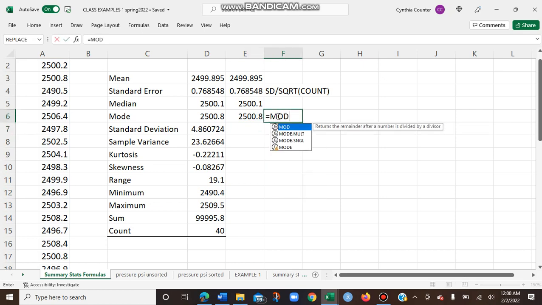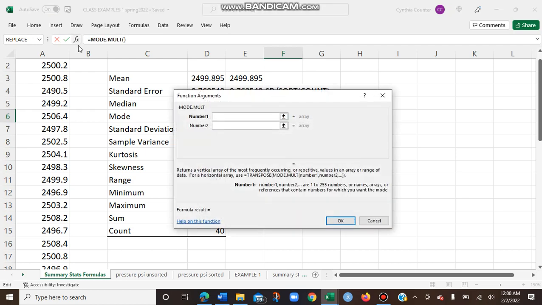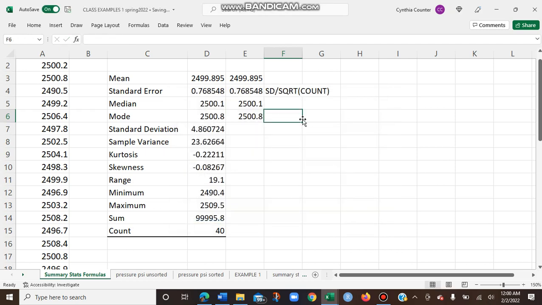We also have MODE.MULT. If there is more than one mode, MODE.MULT will give it to you. And notice when I click this fx to see this box here, well, first, before I do that, let me go equals MODE.MULT from A2 colon A41.